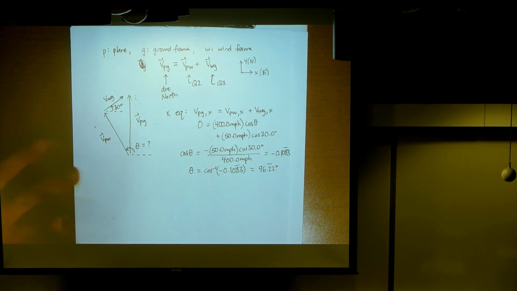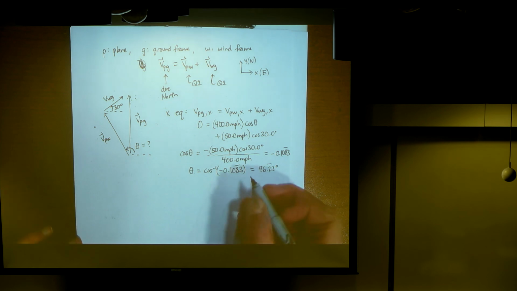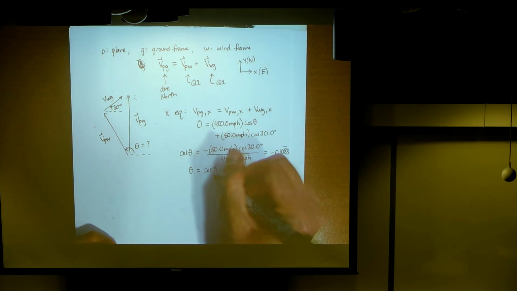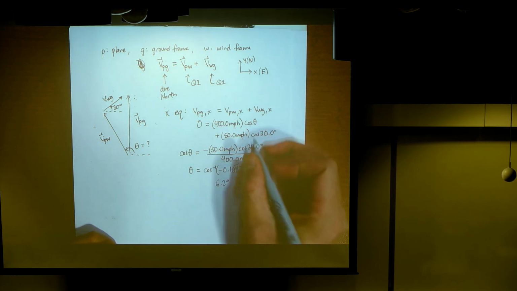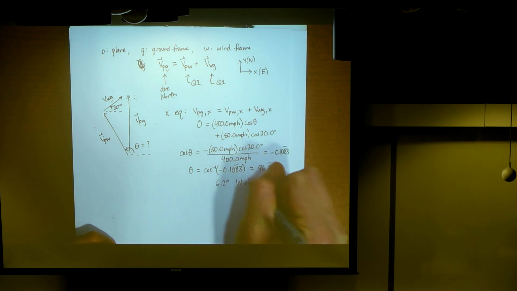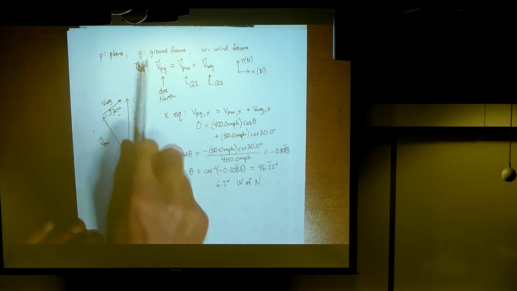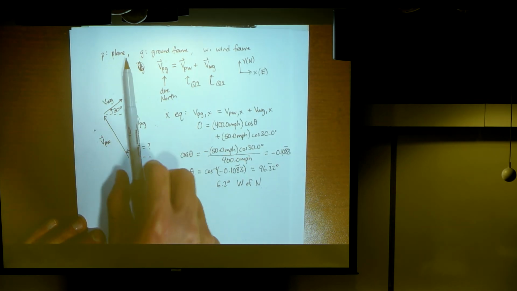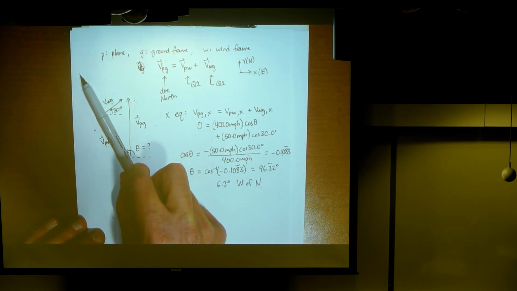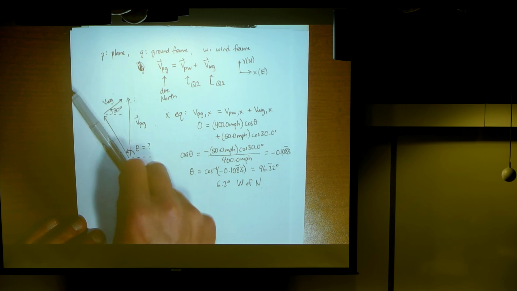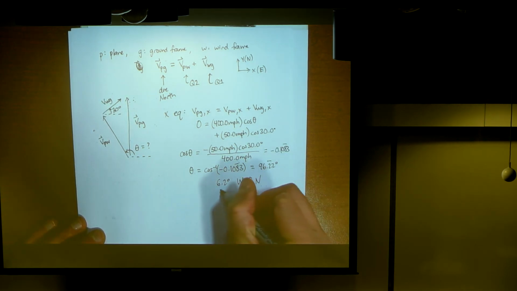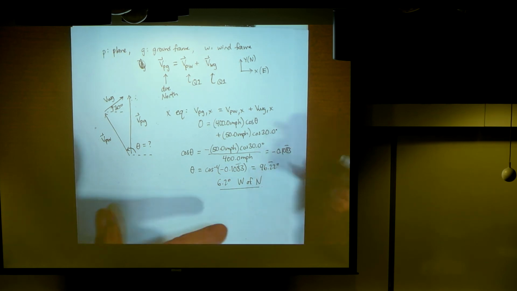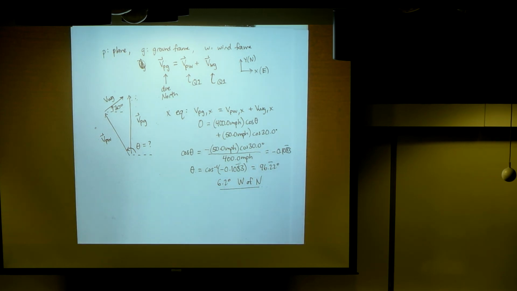So I could write it that way, or I could say it's 6.2 degrees west of north. So if I'm pointing north, and then I just go 6.2 degrees this way, then I'm in the direction I want to be going in. Okay? So either way you express this is fine. Do you have any questions on how we got that?